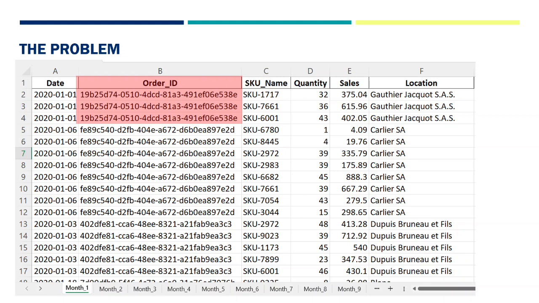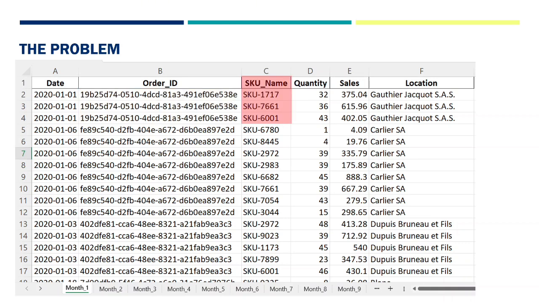It's because this is one order that has multiple items inside. This is normally called a long data set, where we have a repeated order because we are detailing all of the items inside the order. So all of this chunk highlighted in red is just one single order.